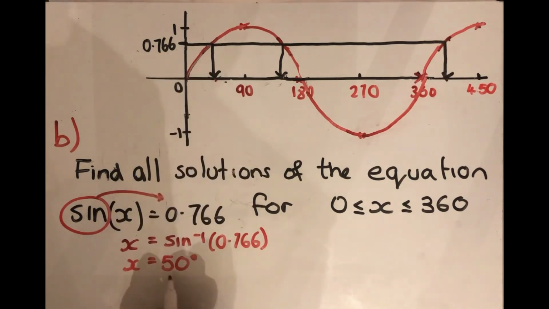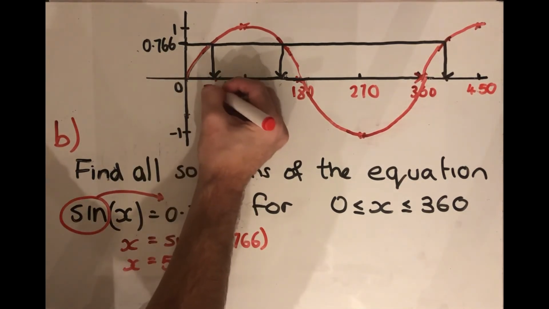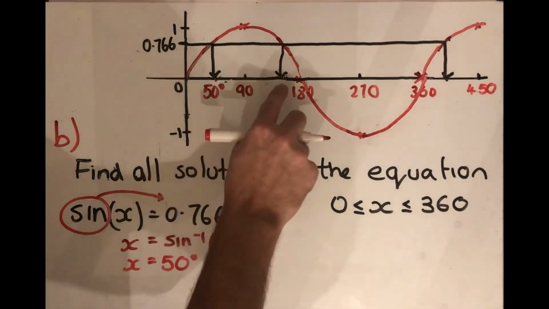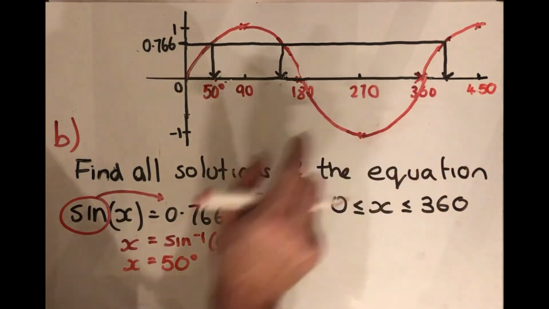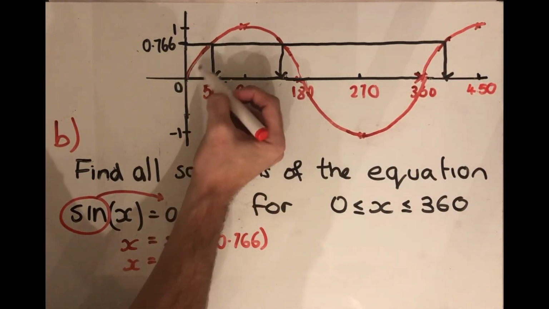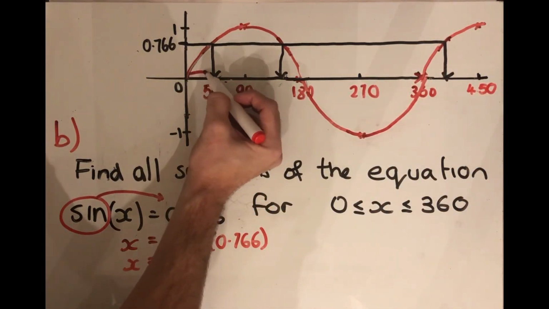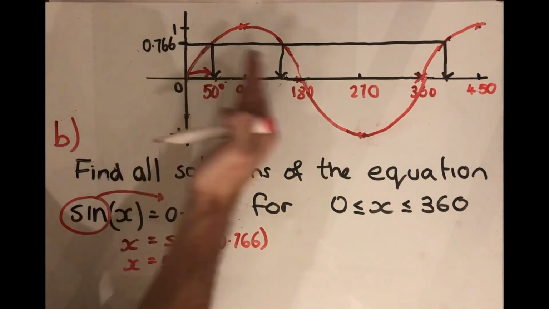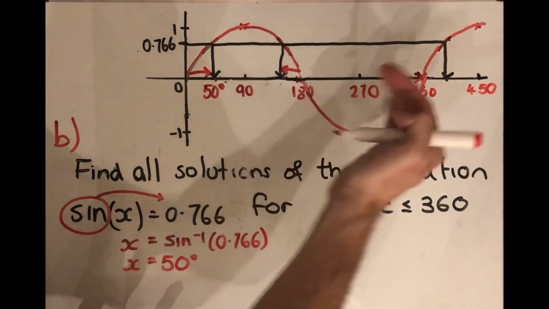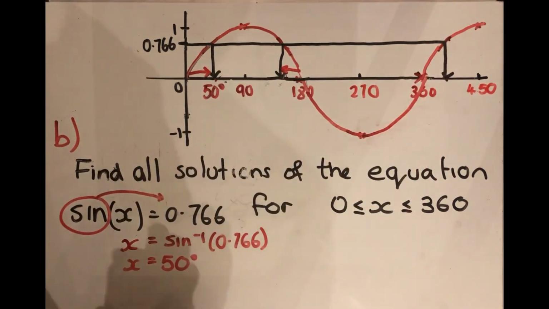Now that answer must be my 50-degree answer. Unfortunately, a calculator won't give you the next answer. A calculator can only give one solution. So if I want to find this solution and this solution, I have to use the symmetry of the graph. If that is 50 degrees from 0, that line there will be 50 degrees back from 180.